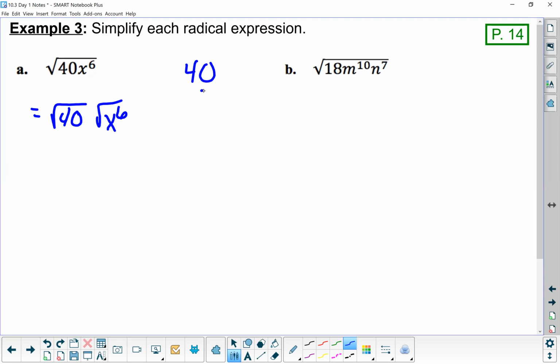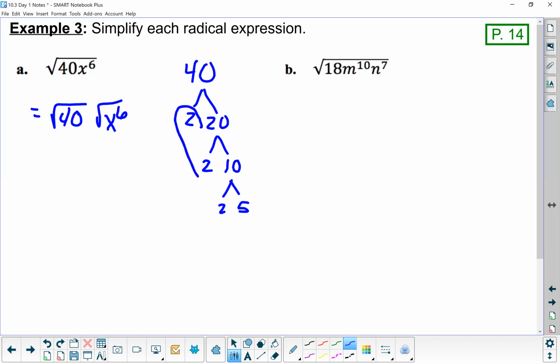With 40, we can use the factor tree method. 2 divides evenly into 40 20 times. 2 divides evenly into 20 10 times. 2 divides evenly into 10 5 times. 5 is prime.